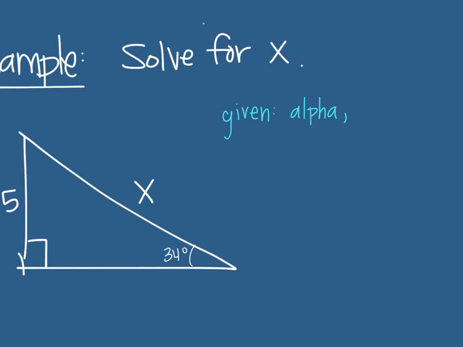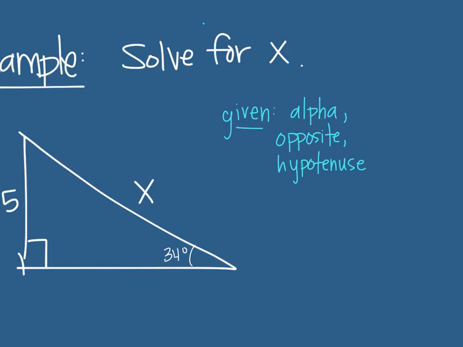The 15, what side is that compared to alpha? It is opposite. So I was given opposite. And I'm asked about x, and x is labeled, and what side is that? Hypotenuse.